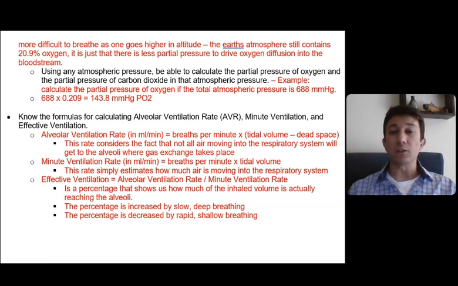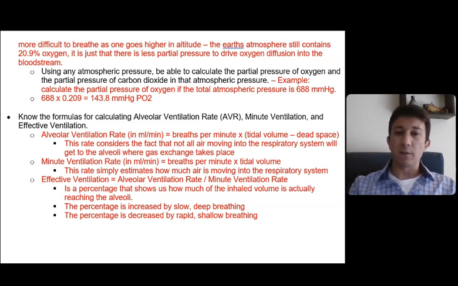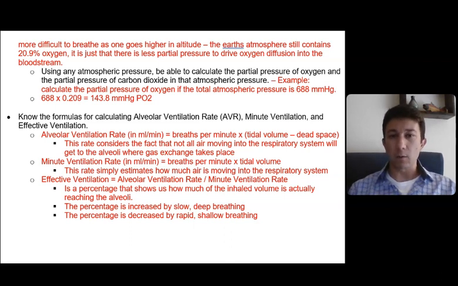So effective ventilation is simply the percentage of air that's actually getting to the alveoli. So of all of that air that got into the respiratory system, what percentage of it actually got to the alveoli where gas exchange is taking place.